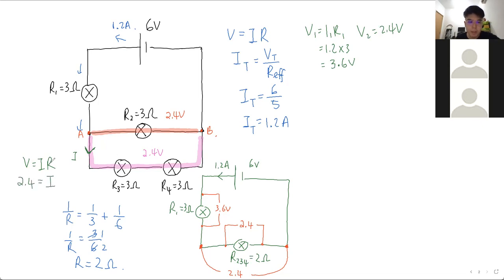The resistance is only R3 and R4, 3 and 3, 6. Okay, so from here, I equals 2.4 divided by 6, you get 0.4 ampere. Okay, so 0.4 ampere is coming down here.